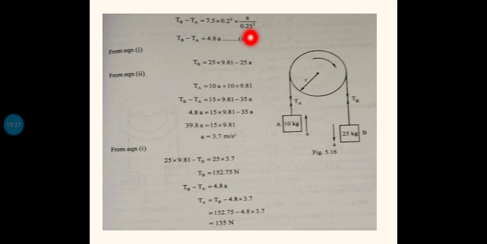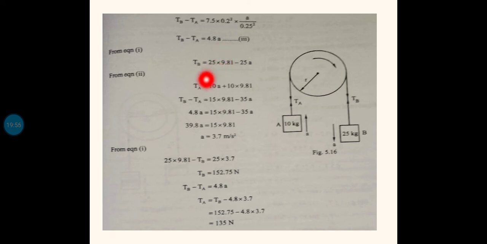The total is 500 mm, so 0.5. Half of that is the radius, that means 0.25. So R square is 0.25 square. From this equation you will get TB minus TA equal to 4.8A.